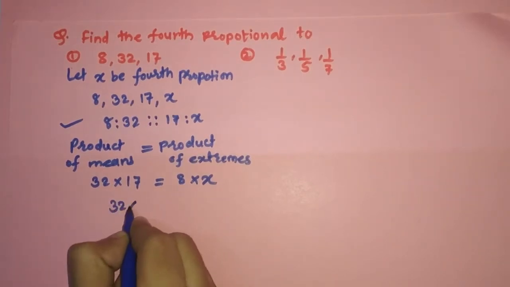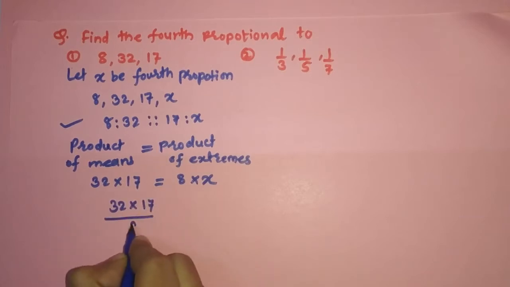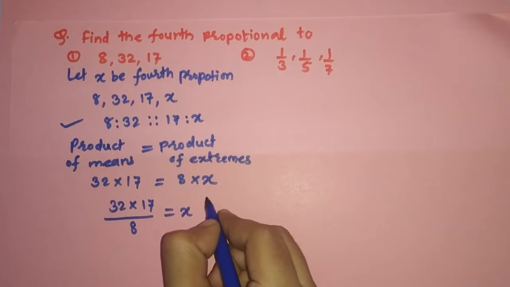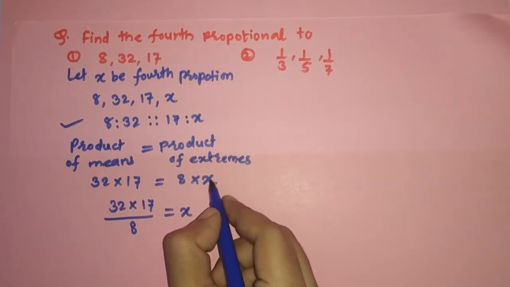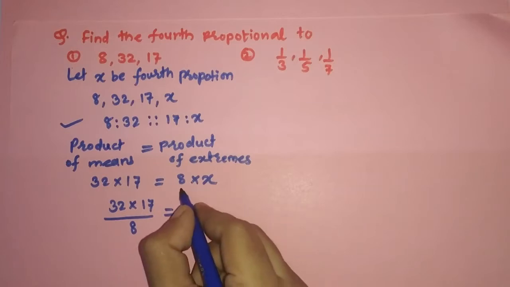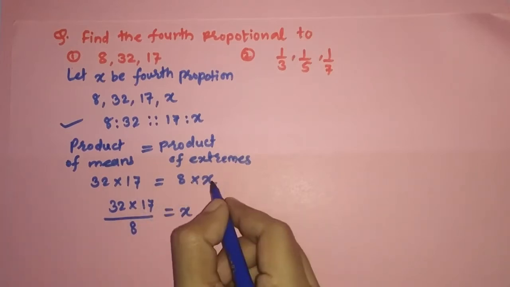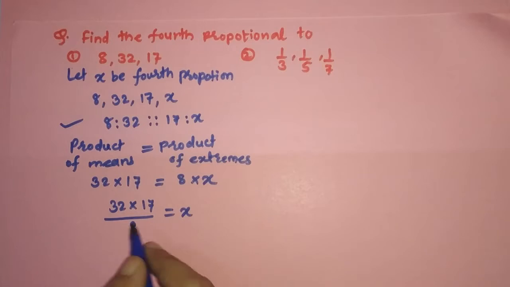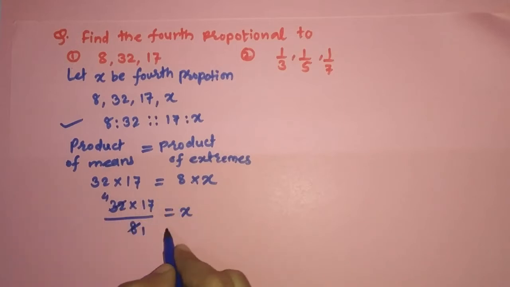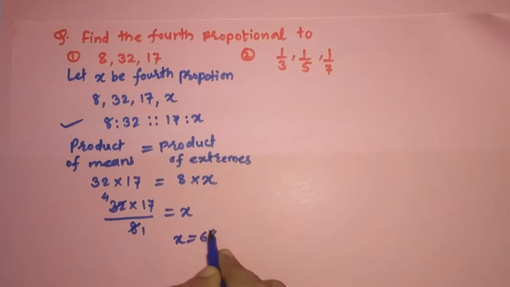So we'll write 32 into 17 over 8. In our previous lesson, we studied solving simple equations. So we know that in order to keep the variable alone on one side, we need to send the constant to the other side. So it is in multiplication; when it comes to the left-hand side, it goes into division. We'll go for 8 ones are 8, 8 fours are 32, and we know that 17 fours are 68. So x is equal to 68.